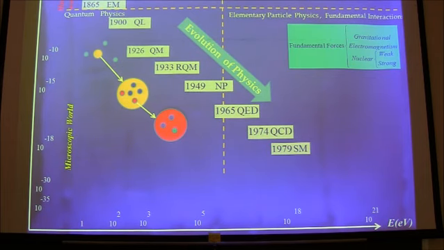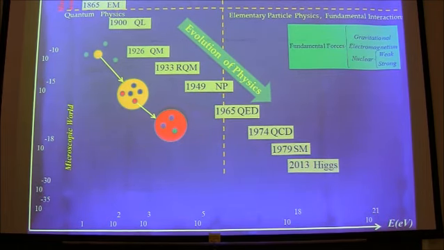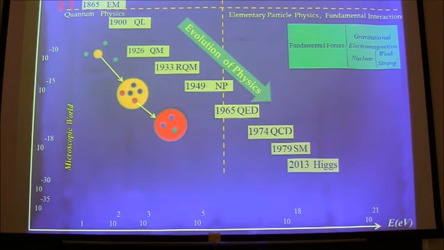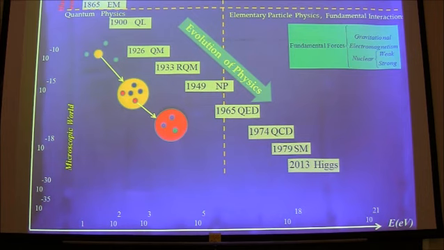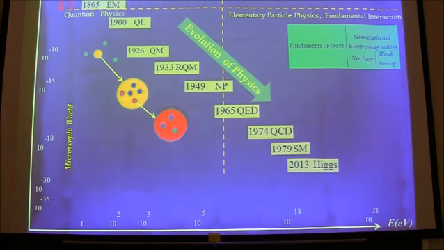And then the progress continued. Most recently, the Nobel Prize in 2013 was given for the discovery of a mysterious particle that is responsible for generating the mass of fundamental particles. When you say an object has mass, if you keep breaking that object down, it comes to a point that you cannot break it down any further, the building block. And then the question is, where does the mass of that building block come from?